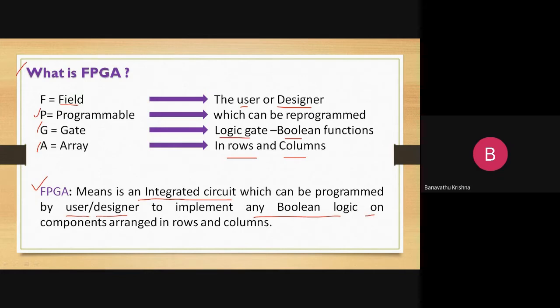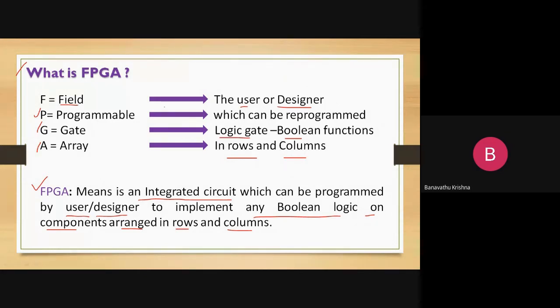Any boolean logic on components arranged in rows and columns. Whatever code we have written is converted into the synthesized netlist, a group of logic components. Those group of logic components are going to be placed in a physical design in a particular area, in the form of rows and columns.